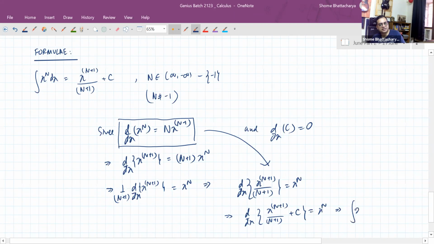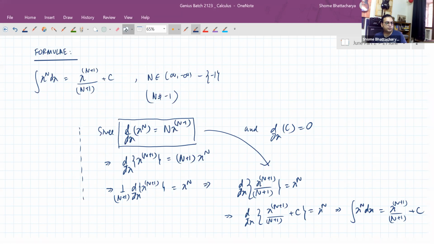So that implies that integration of x to the power n should be, so integration with the symbol dx. If we don't write the symbol dx here, actually the operation doesn't make sense. So we have to write the symbol dx after the function in the integration operation. So this is the logic of this formula.